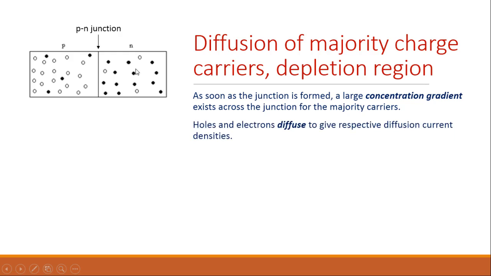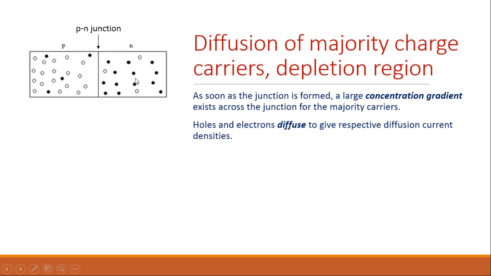This concentration gradient causes the natural flow of the majority charge carriers from one region to the opposite region. The process of natural flow of the majority charge carriers from one region to the opposite region is known as diffusion. So, the holes start diffusing due to this concentration gradient from the P region to the N region.